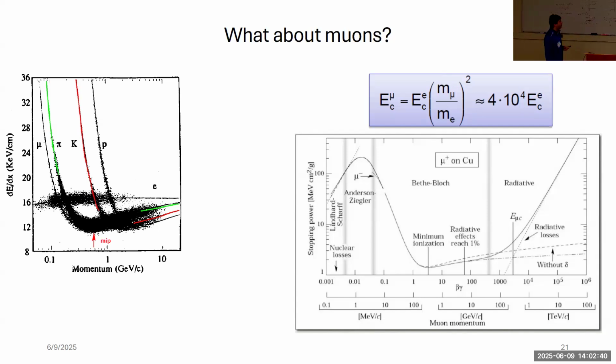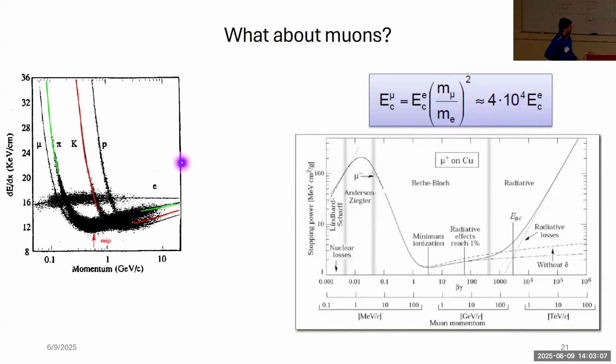Okay, so what about muons? As I mentioned, muons tend to actually be very penetrating particles. And one thing you can see is the critical energy of the muons compared to the critical energy of the electrons, where the radiation loss and ionization loss are equivalent, is basically about 10 to the 4 times larger for muons than for electrons.